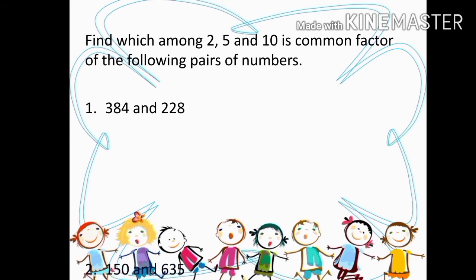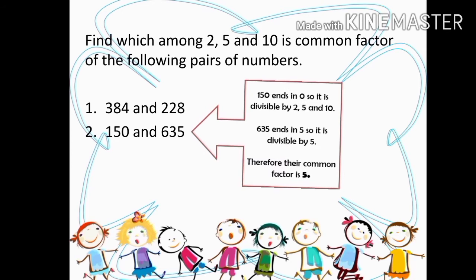For number 2, 150 and 635. Look at the last digit. Okay, their common factor is 5.